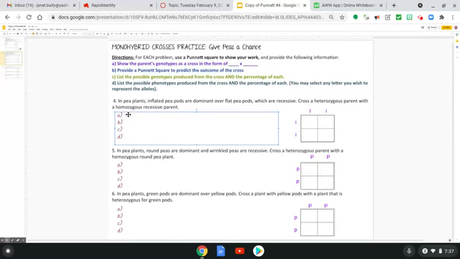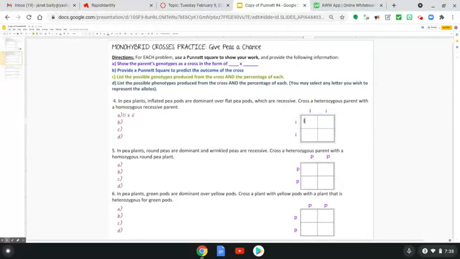So now we go over here. If all else fails and your box messes up, work out your square on a sheet of paper and then just put your answers over here. So we've got dominant I, recessive I, crossed with recessive I, recessive I. Then we work this.